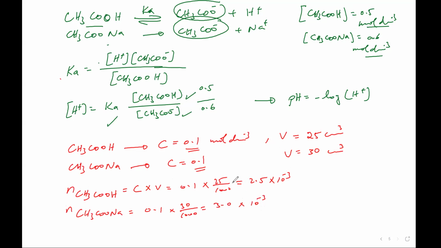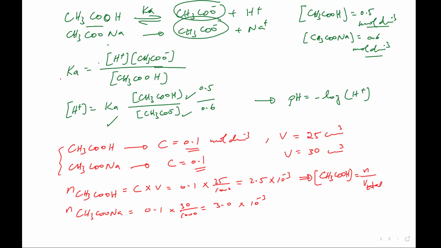Now you calculated the number of moles, from which you are going to get the new concentration. When you add these two together, each one of them will have a new concentration. So the new concentration of ethanoic acid is not going to be 0.1, but it's going to be equal to the number of moles divided by the total volume.